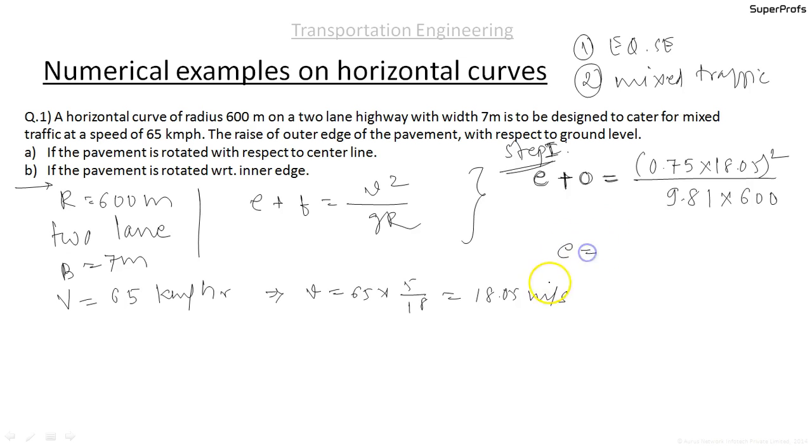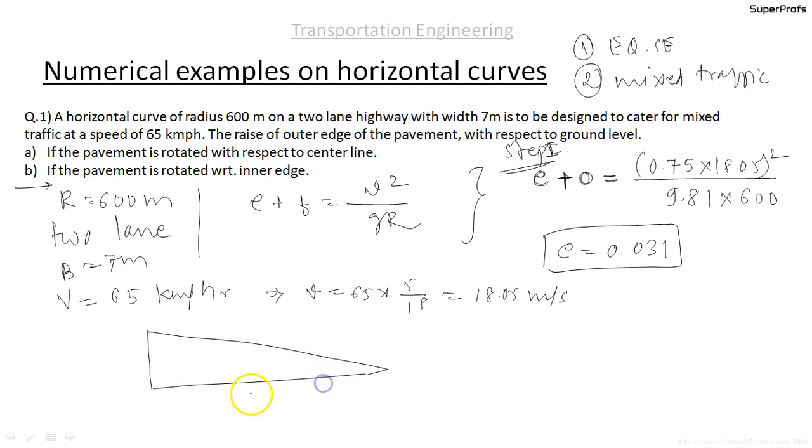So here the E value comes out to be 0.031. So guys, suppose this is our E, and this is B equal to 7 meters, and e is 0.031.